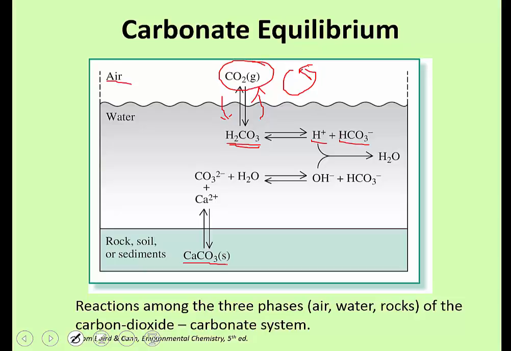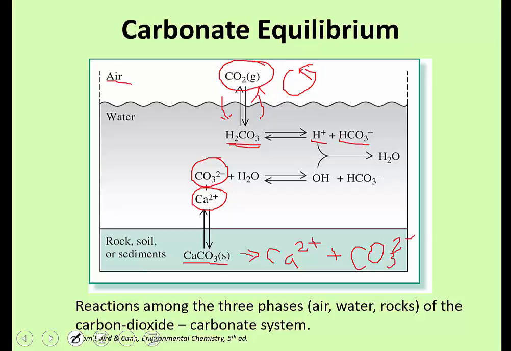So if we have calcium carbonate present, that can be dissolved into the water and put calcium ions into the water, as well as carbonate ions. So we're just breaking this one up into calcium 2+ and carbonate 2- ions, okay? So now these ions are present.